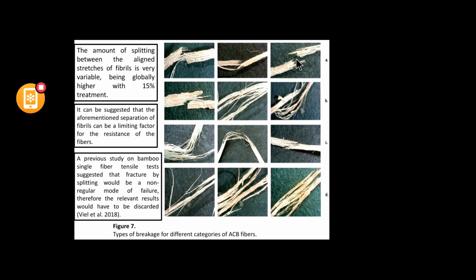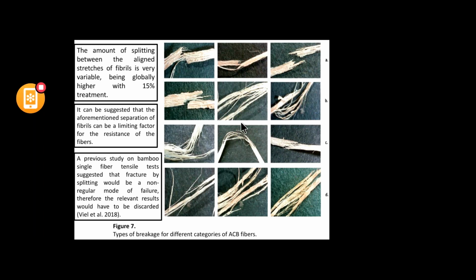So everything happened at the midpoint of the tensile sample of this acacia bark fiber in the single fiber tensile test. So it can definitely be suggested that the aforementioned separation of fibrils can be a limiting factor for the resistance of the fibers.